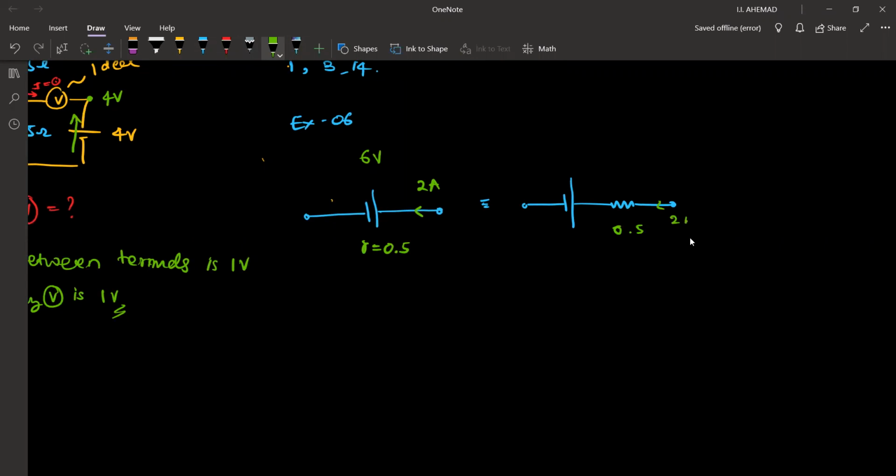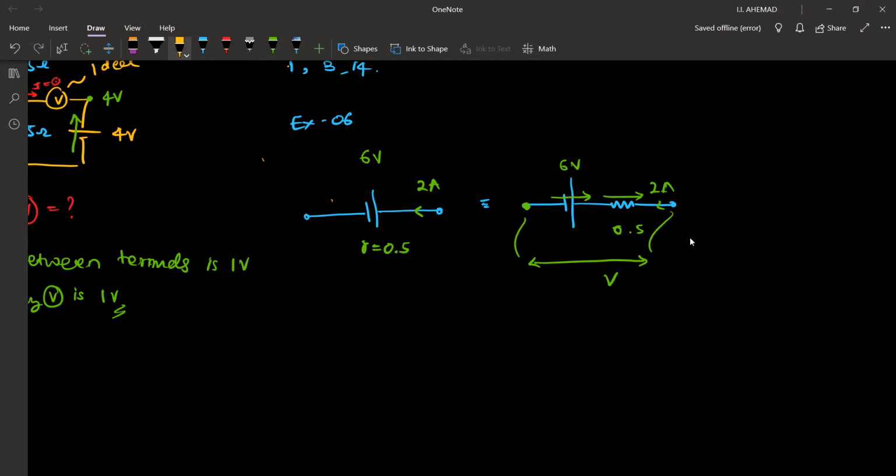If the current is flowing in this direction, we will have a potential drop in the opposite direction, right? And here, this battery will have a potential increase like this. So we have to find what is the potential difference between these two terminals. What will be the potential drop?